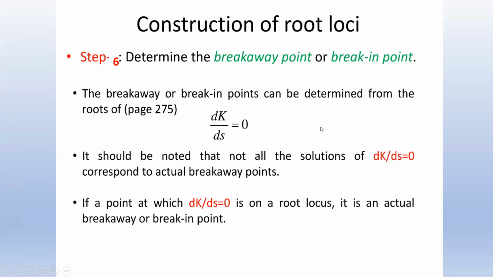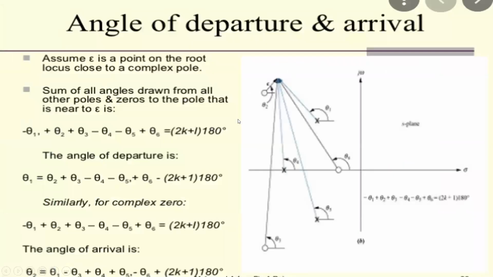And if we find out the value of k, then we have k is equal to minus 1 by g, where g is the open loop transfer function, which is the product of the open loop zeros over the product of the open loop poles. That polynomial we have to differentiate with respect to s, and if we equate that to 0, then the roots of this corresponding equation give us the breakaway points of the root locus.